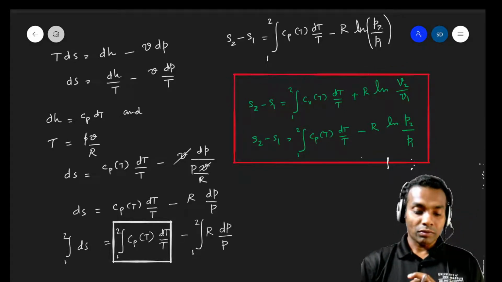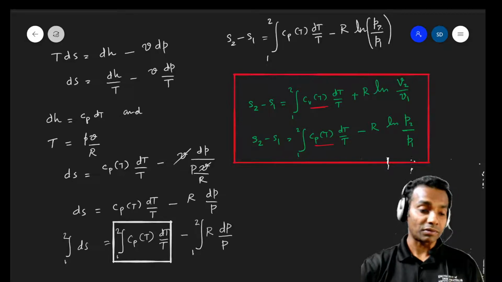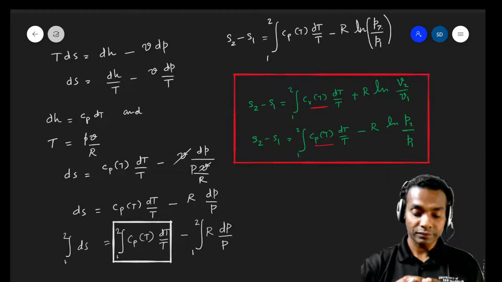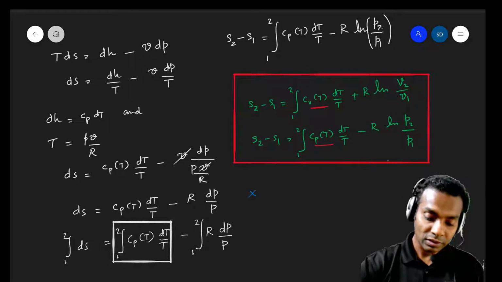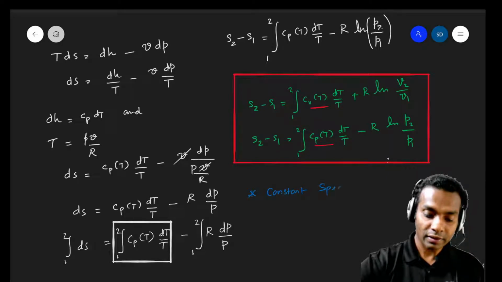Now, since we don't know the relationships of cp and cv in terms of T, we're going to use two different methods. One of these is called the constant specific heat analysis.